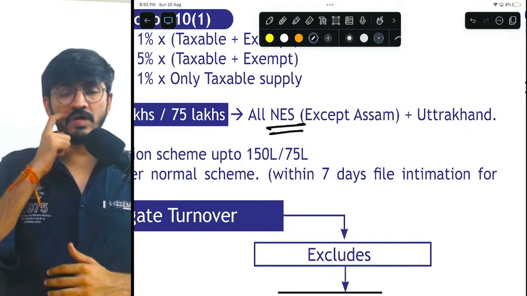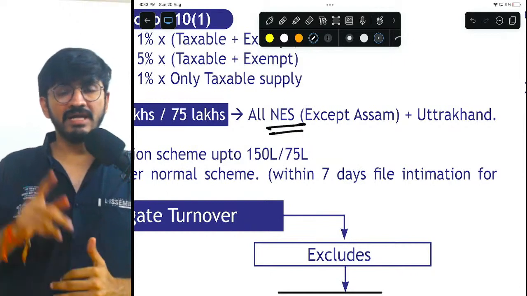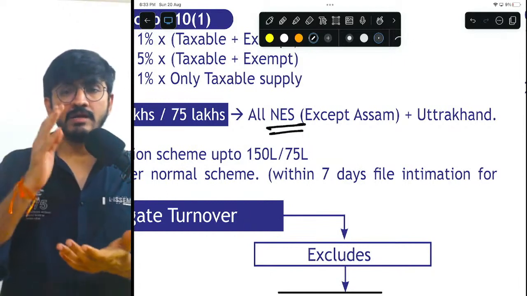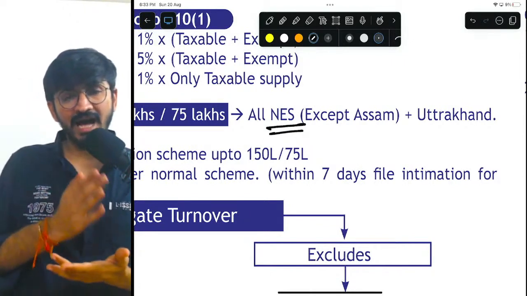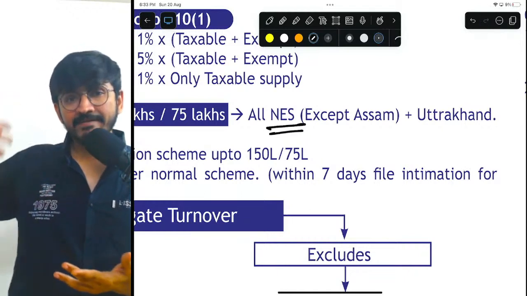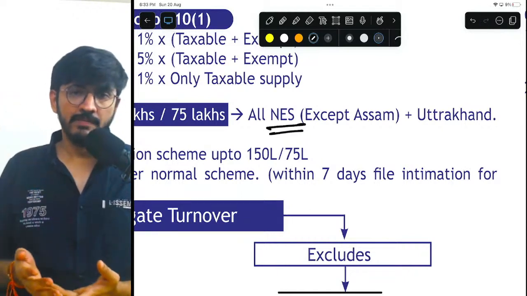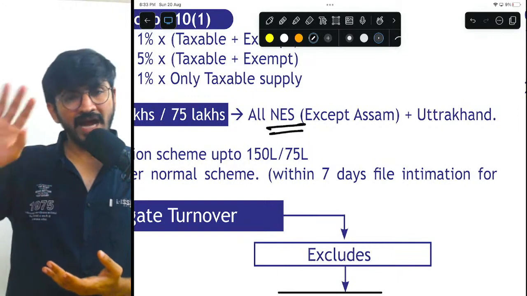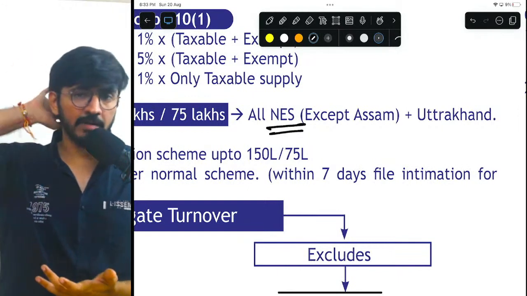And second thing, very, very important: even though Assam is a northeastern state, you will exclude Assam, because Assam is one of the most developed states in the Northeast. So that state can easily enjoy the 150 lakh limit.